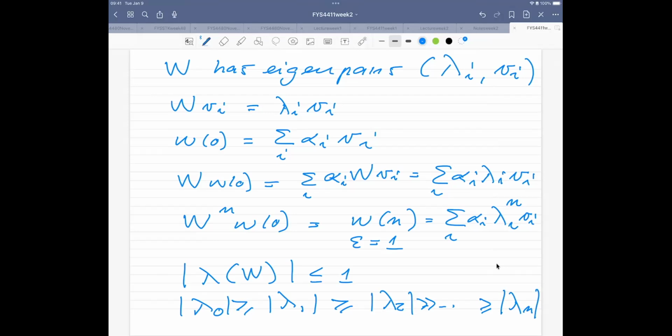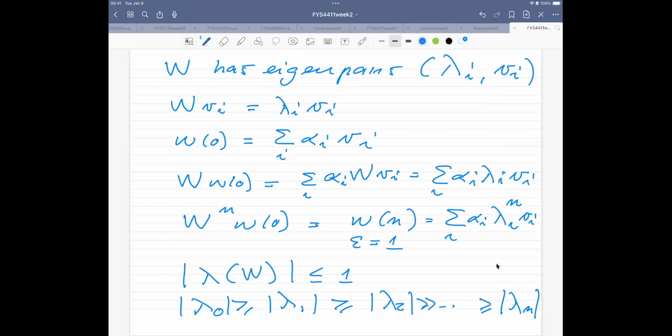So we're assuming that we have a set of eigenstates, and lambda 0 is the one which we define as the largest one. In a stochastic matrix, it means that the lambda 0, the largest one, should be equal to 1. And you will see that if you diagonalize a stochastic matrix.